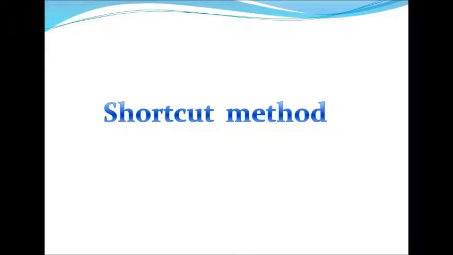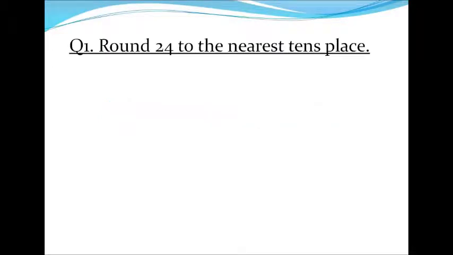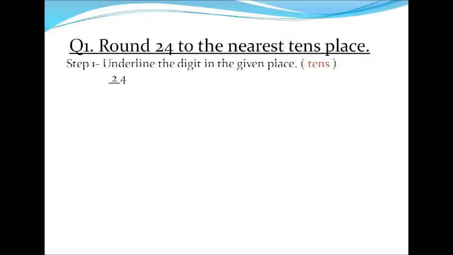Now let's do the shortcut method, that is, instead of making a number line, how we can directly write the rounding answers of the numbers given. Let's take the first question. Round 24 to the nearest tens place.